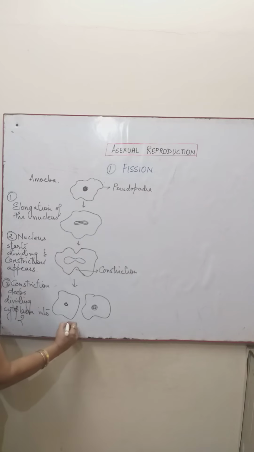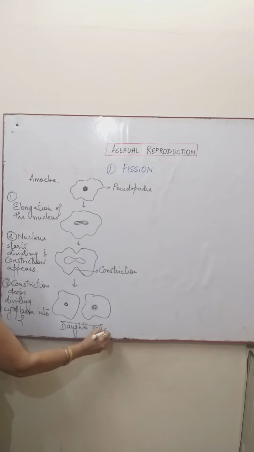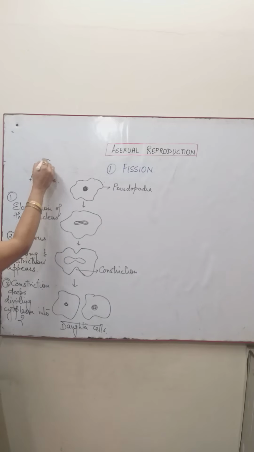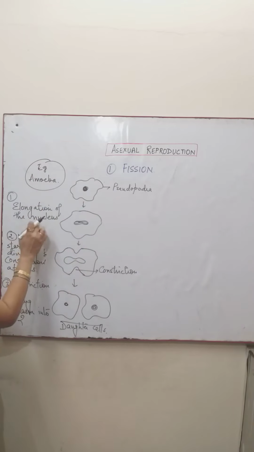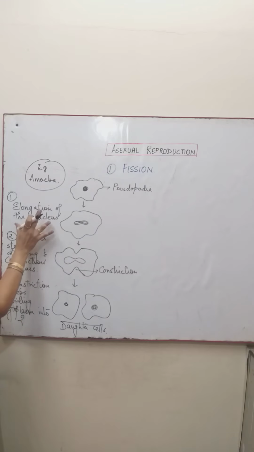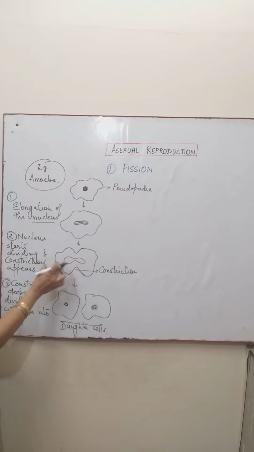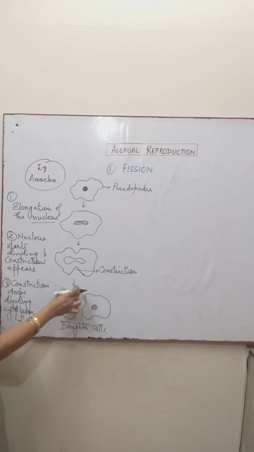And these are the two daughter cells or the new offspring. So as you can see, the process of fission has taken place, taking the example of an amoeba, and it is a three-step process. It starts with the division of the nucleus, followed by the division of the cytoplasm.